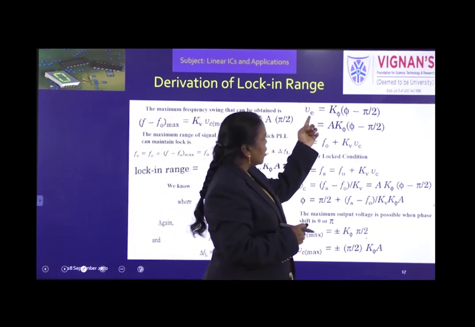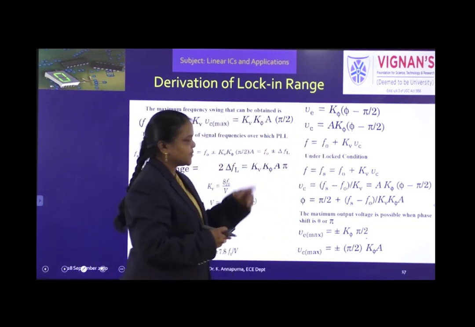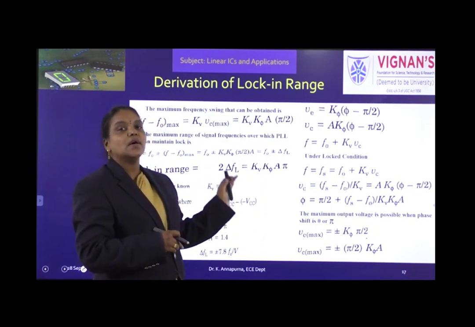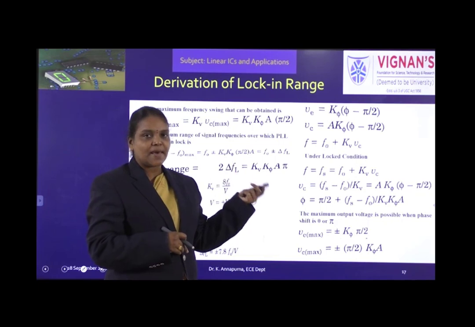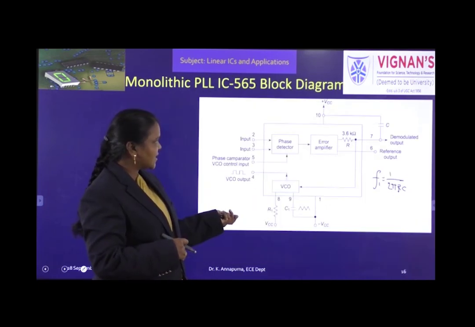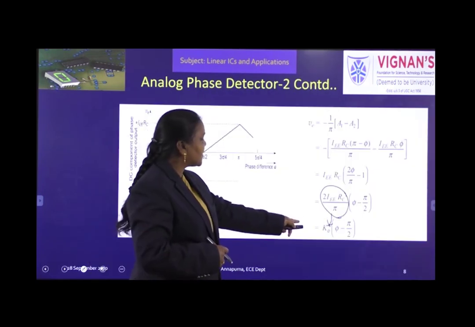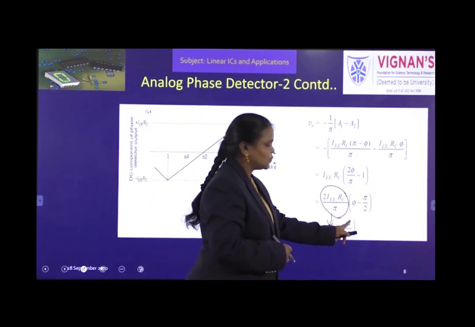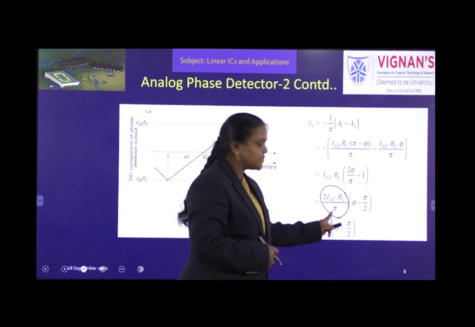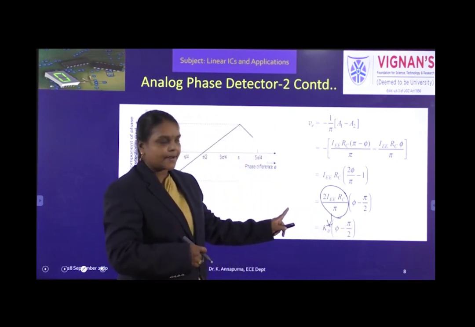In the analog phase detector, we have seen this expression. Have you remembered it for the balanced modulator? Because in 565, the phase detector is using the balanced modulator. So what is the final expression? You see, K phi into (phi minus pi by 2). This is the expression for the balanced modulator output, the error voltage.